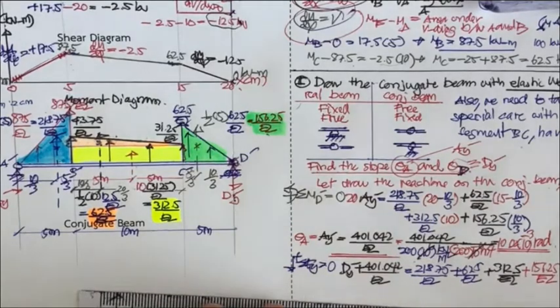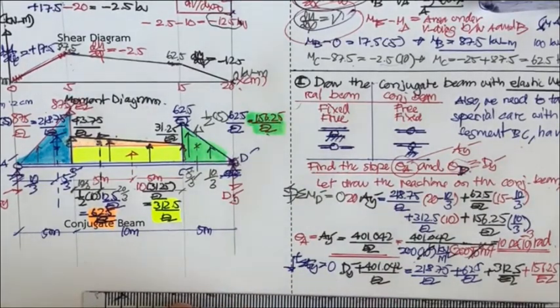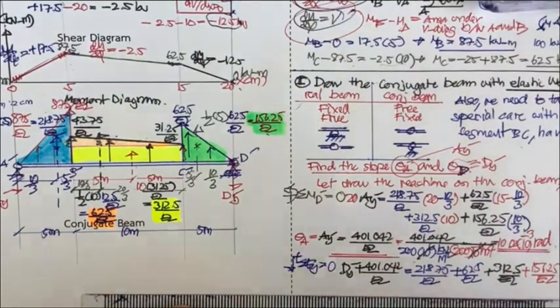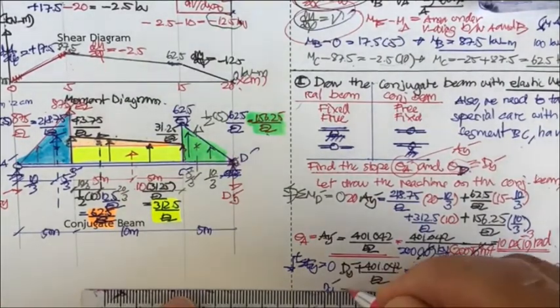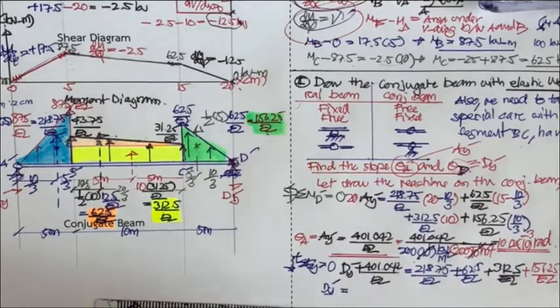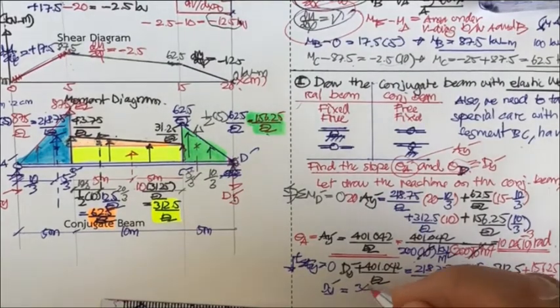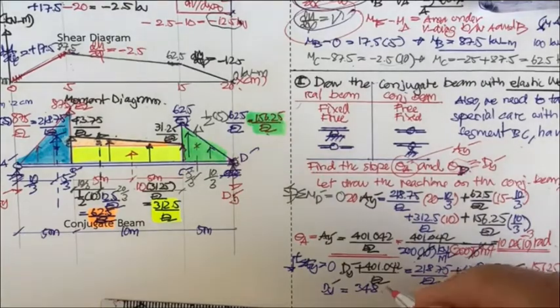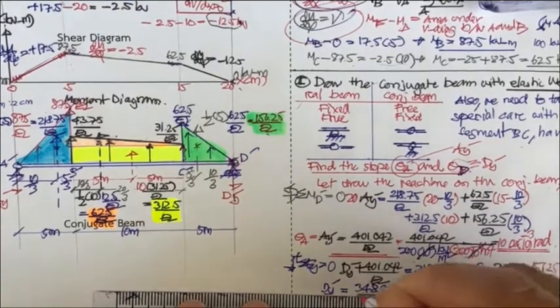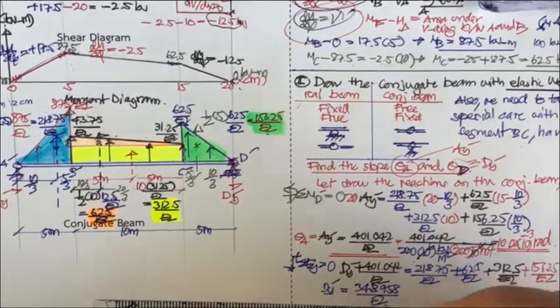Okay, so take good care of this again. You will get the reaction D sub y prime equal to, if I'm correct, 348.958 divided by EI.